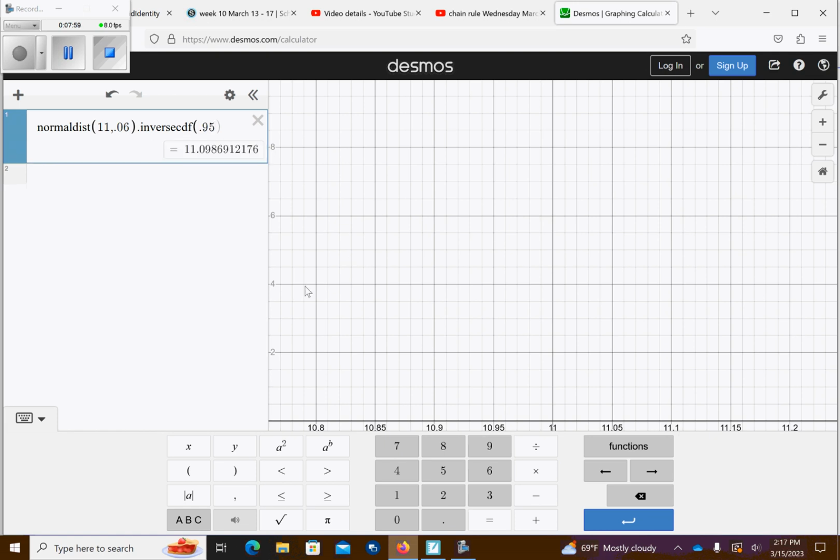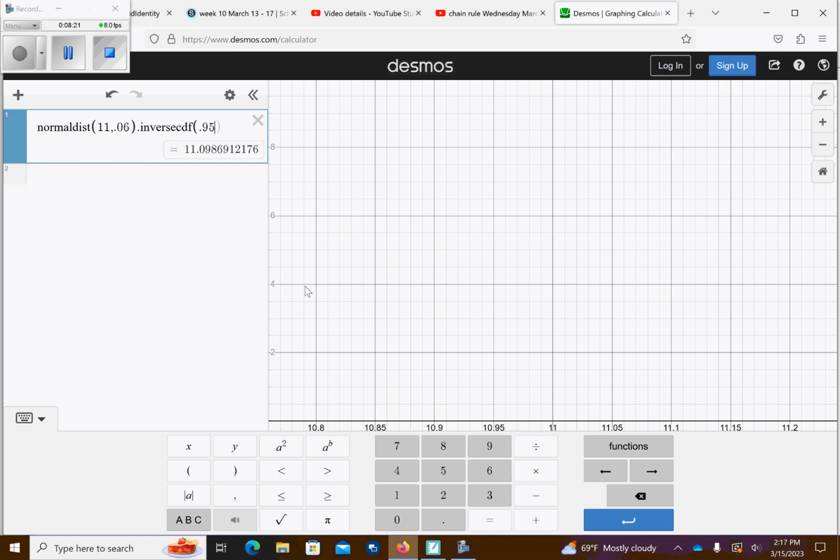So we use the complement, 100 minus 5, or 1 minus 0.05, which comes to 0.95. This shows that 95% of our movie tickets would be below $11.10.